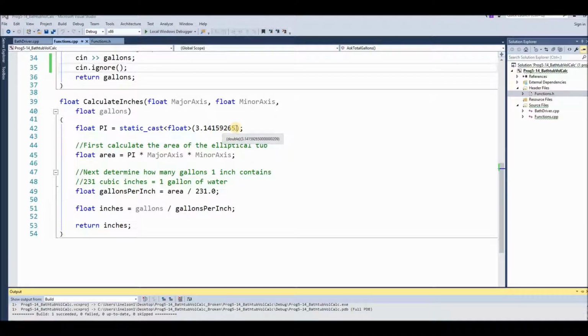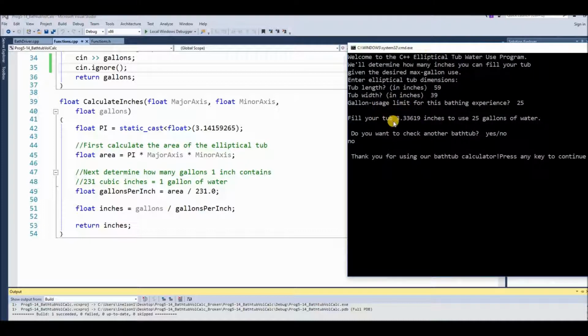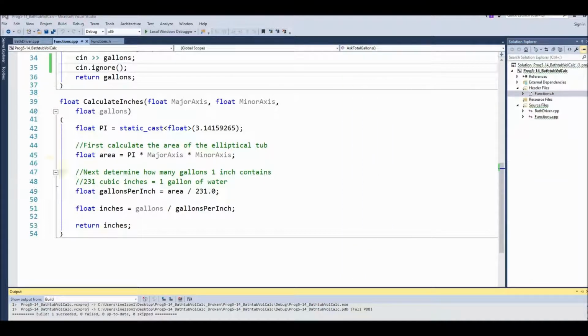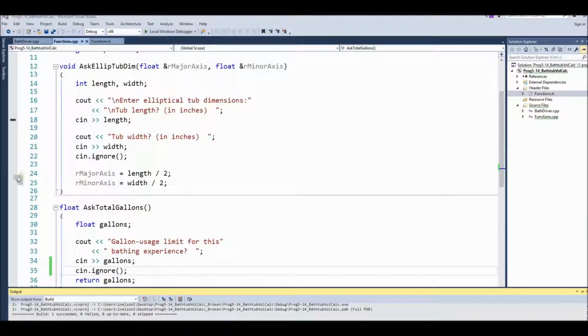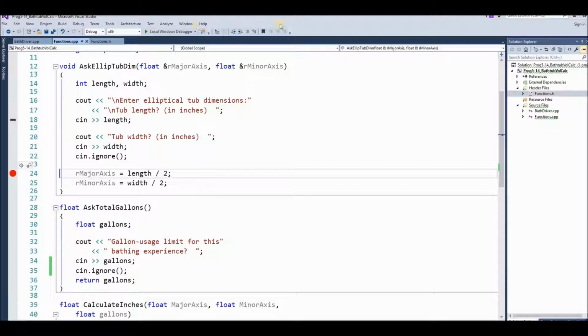Oh, it even had 3 more decimal places. I think we have a little computational issue because we are off in the first decimal place. So let's take a look at where our computations start, here with the major axis.